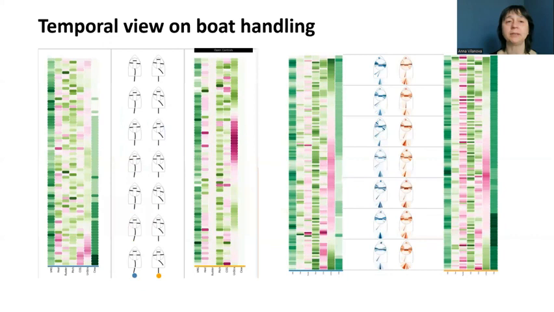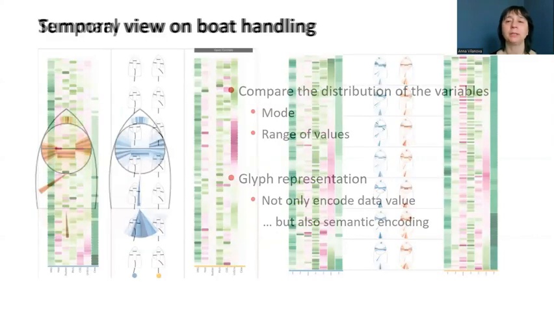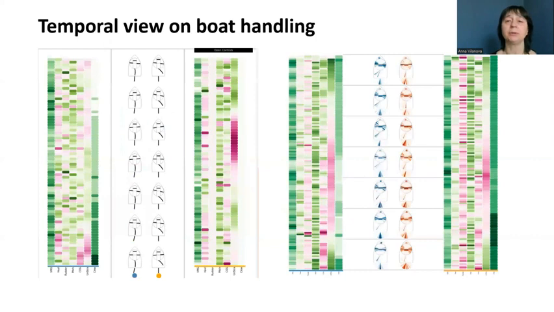We use the glyphs in the temporal view of the boat handling, to show more intuitively what the values are through time, apart from showing them in a heat map to make comparison. And also we use the summary glyphs to encode periods of time that can be defined by the user.